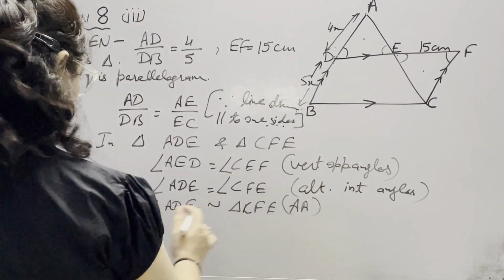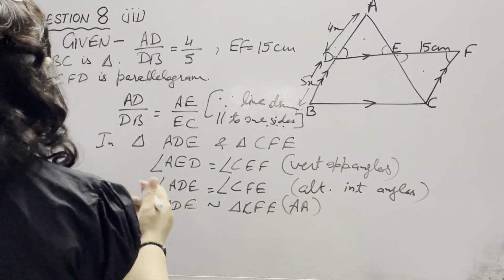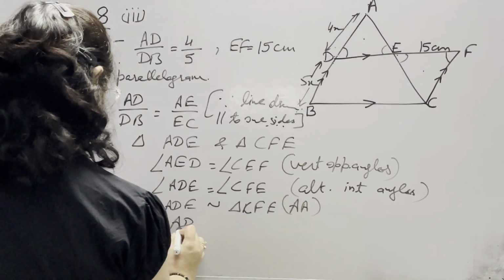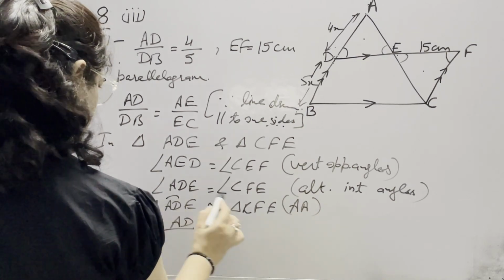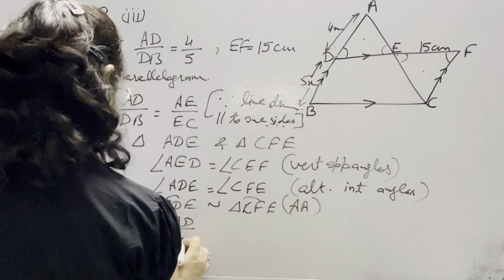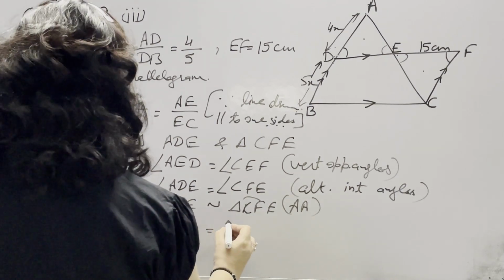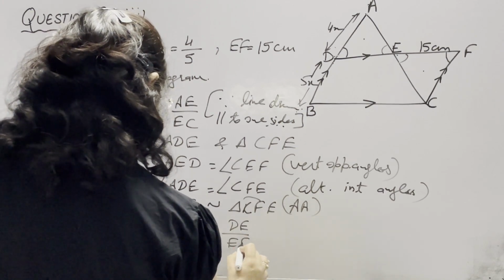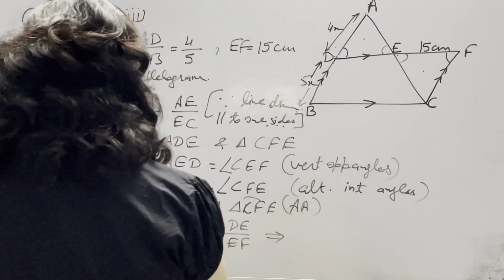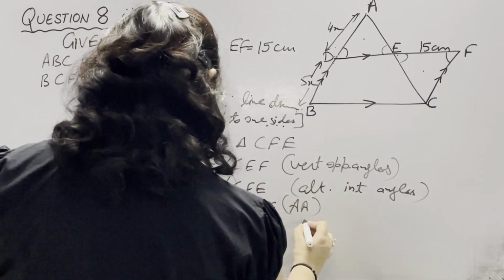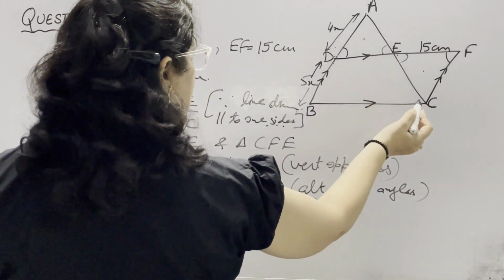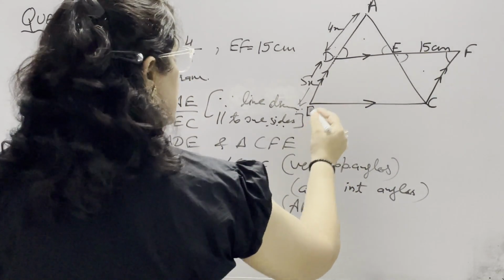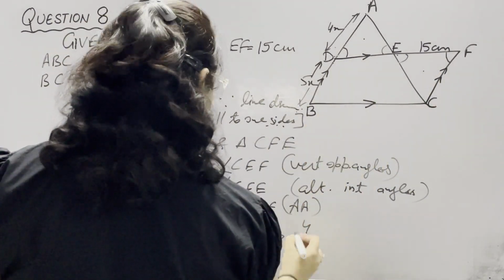Now, if triangles are similar, then sides must be in proportion. So AD upon CF is equal to DE upon EF. The value of AD is given as 4x and CF is parallel to this line, so this is also 5x.